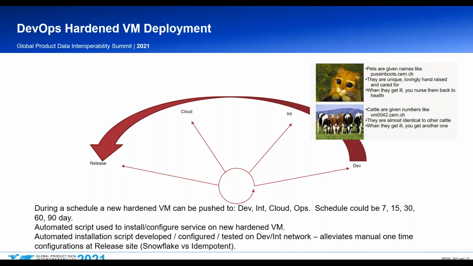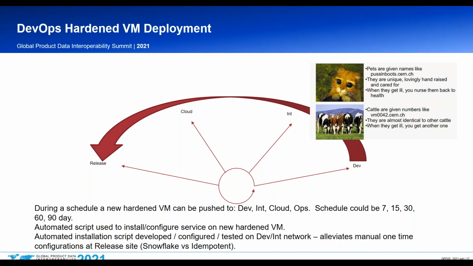Now, if we have a new hardened virtual machine, once again, it can be a VM, a container, or just bare metal, we could get updated, hardened operating systems, whatever the schedule may be, between a 7-day and a 90-day window. And as long as we have an automated script to install and configure the service, it doesn't matter what our update schedule is for the hardened operating system, because we can just click the button and we can go back to a state of configuration management.